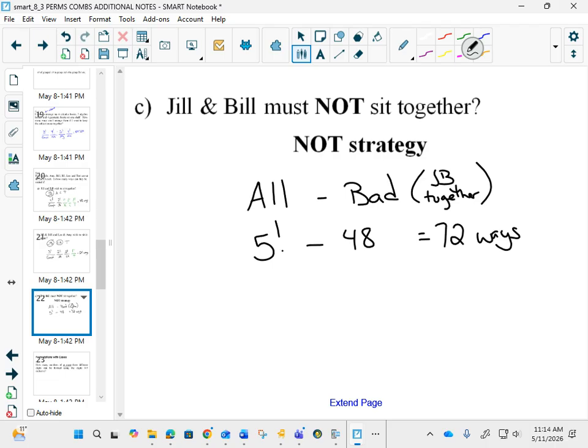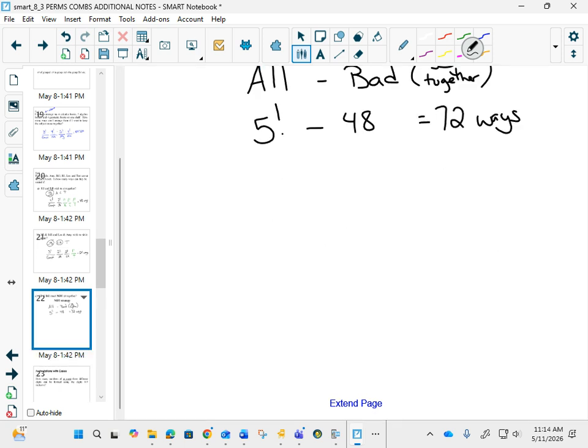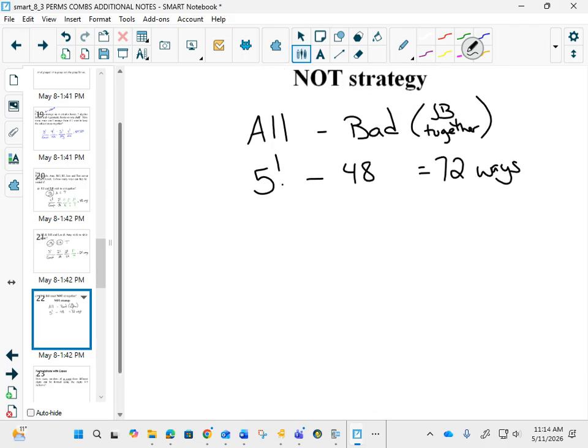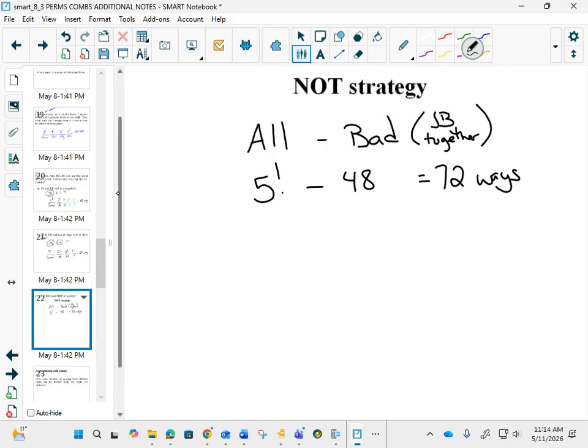And this leads into our last strategy, because the other way of doing this is called cases. And in this example, the cases would be quite complicated. Here's my 5 spots. Jill and Bill can't sit together. Is it possible Jill could sit here?